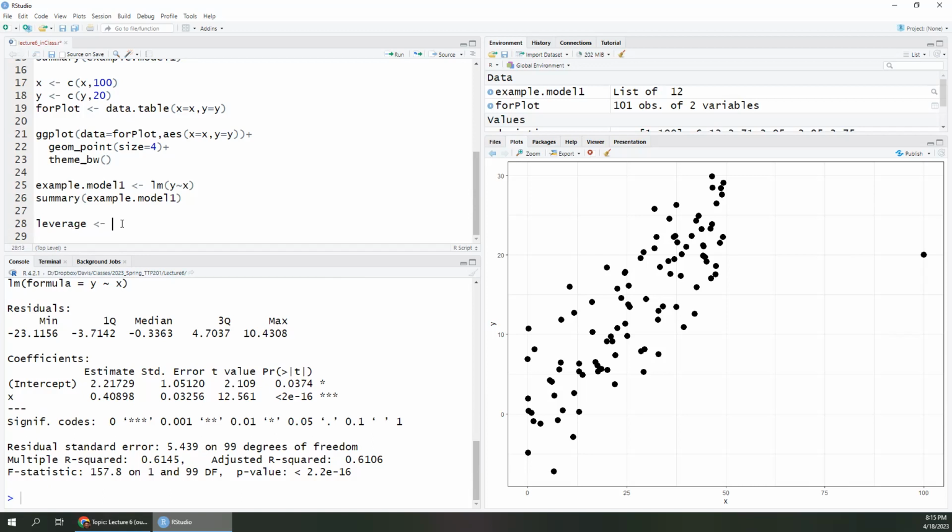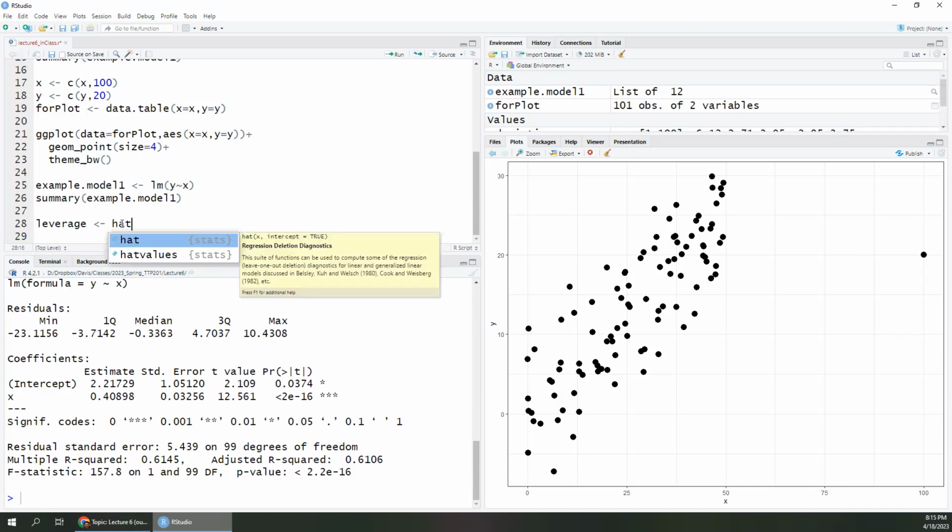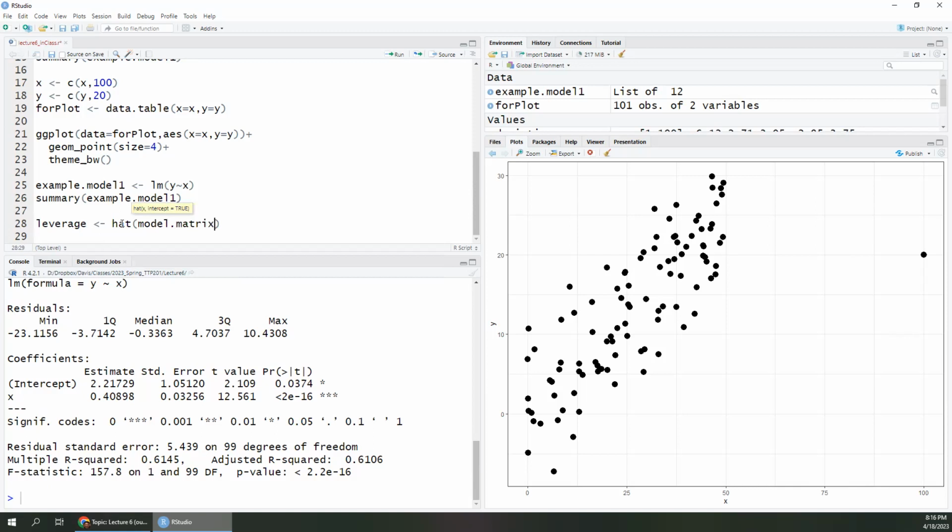Okay. And as a result of that, we can look at leverage. So this is the function that will essentially tell you what the leverage is. It is something called hat. You have to put it in matrix form, so that's what this is doing.